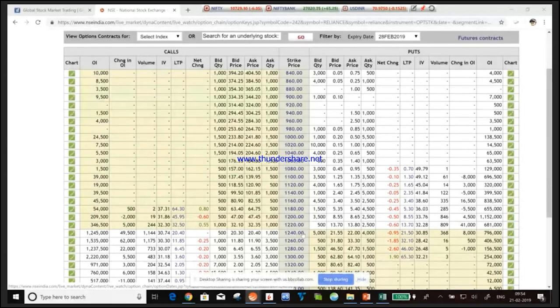So do you know that 1240 put is in the money here? Or do you have any doubts about that? No doubts, right? Okay, fine. Then why are we discussing this? All right. So put is slightly in the money and call is slightly out of the money.